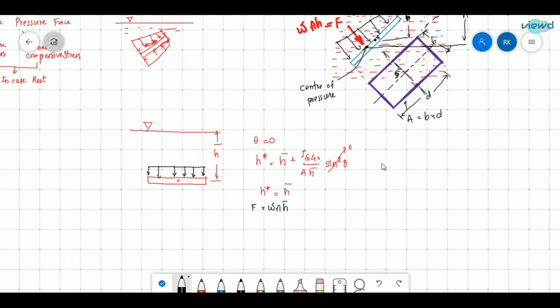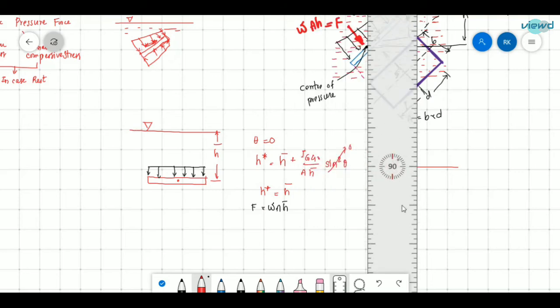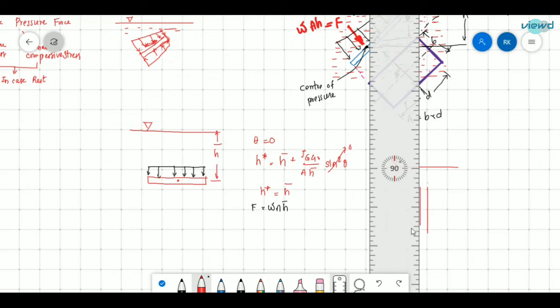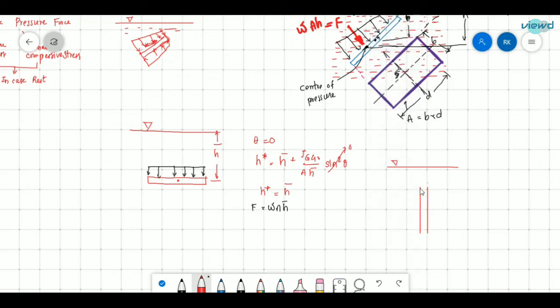And the next is, if the plate is vertical. So this is the center of gravity, and the height is h bar, and there will be a center of pressure which is somewhat down, and this height is h star.